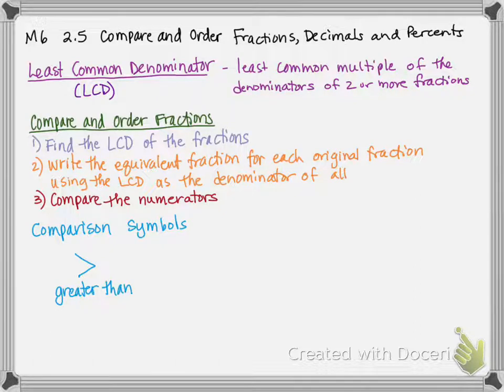So that open side is always facing the bigger number because he wants the biggest bite possible, okay? Then we have going the other direction is less than, which kind of makes sense because the smallest part of the symbol, the point, is on the left when it's less than. Get it? Left, less. Okay. And then it's always possible that the two things you're comparing are equal to each other.